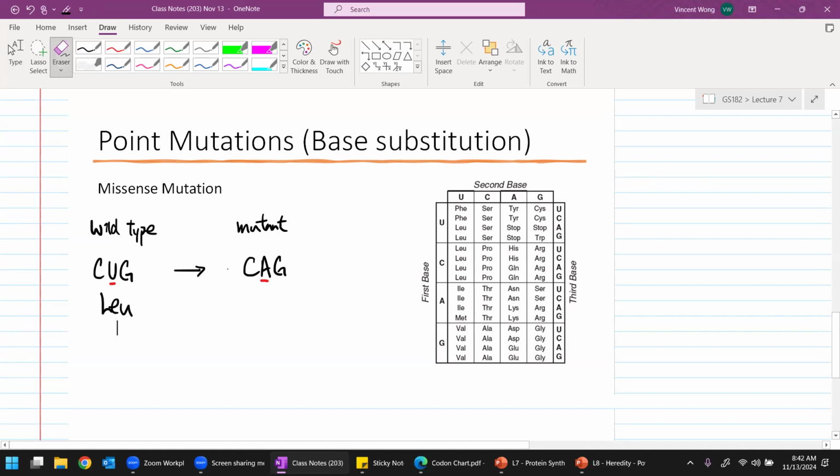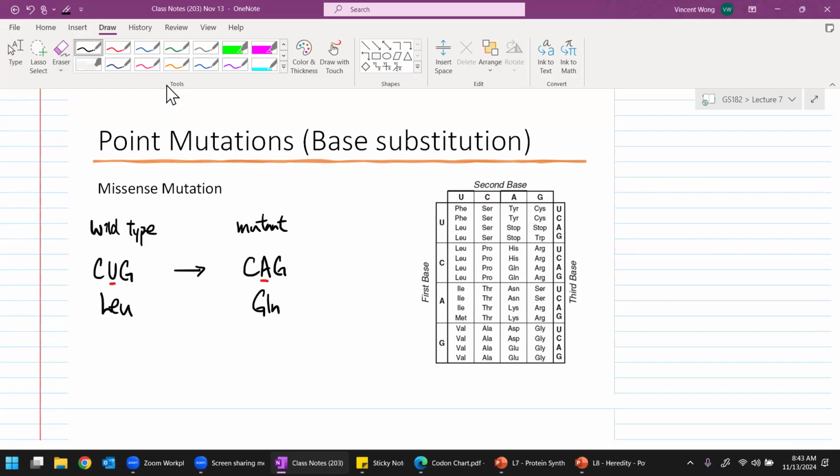GLN, right? Please double check that. So this is going to be a different amino acid. It's a mistake. That's why it's called a missense mutation.